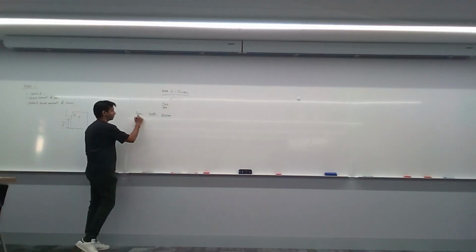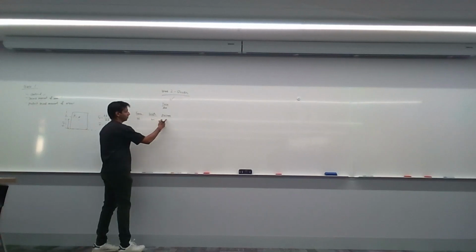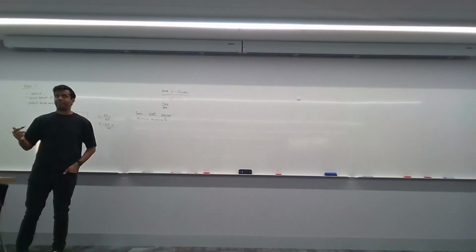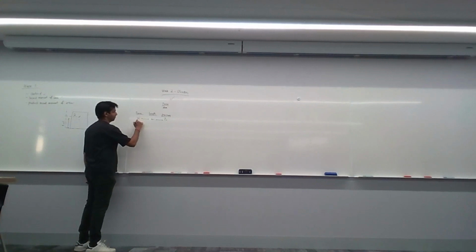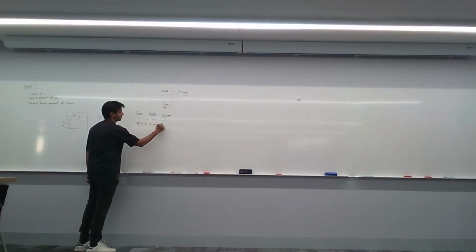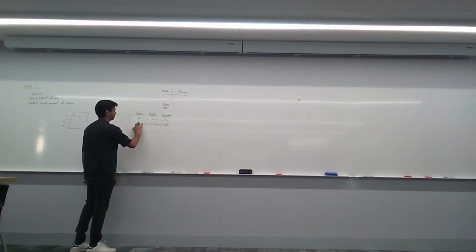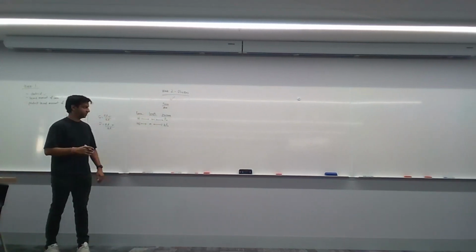So if your forces are in newtons and your lengths are in meters, then your pressure will be in pascals. Okay, that is one combination of units that you can use. The next combination is you use kilonewtons for your force and meters for your length, then your pressure will be in kPa.